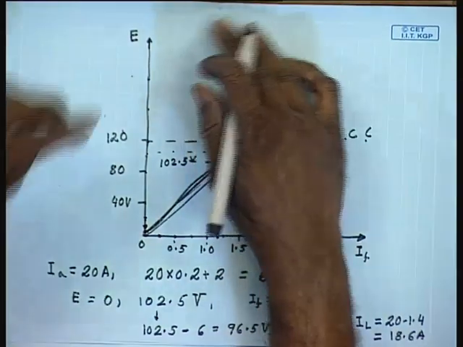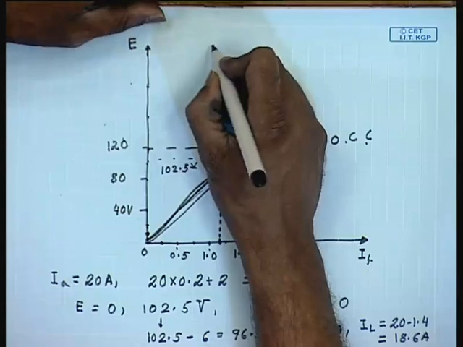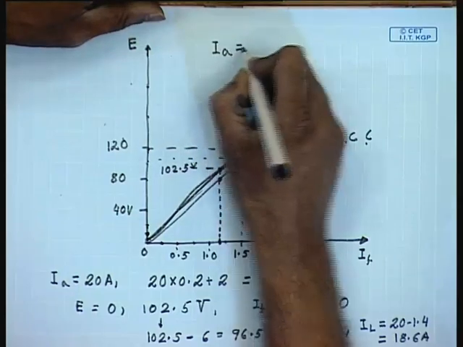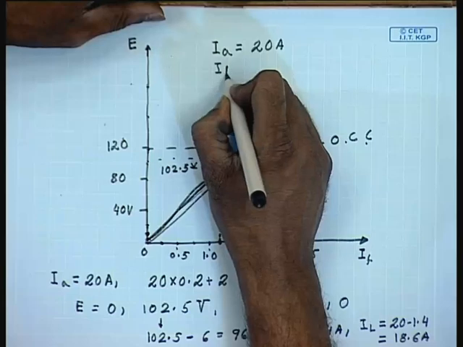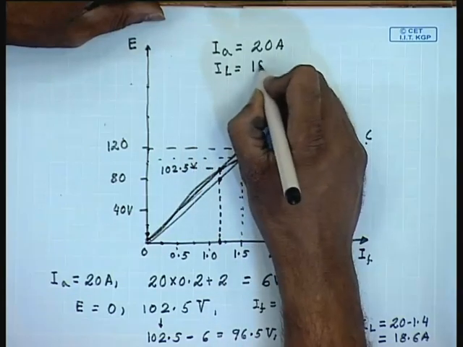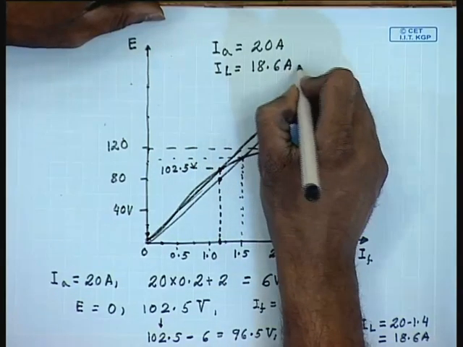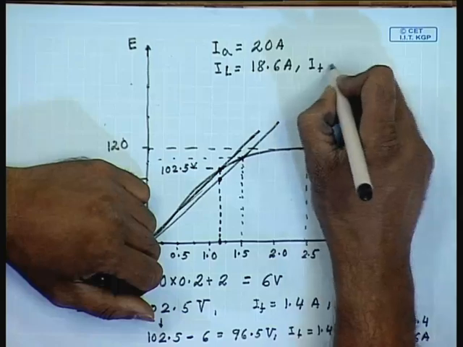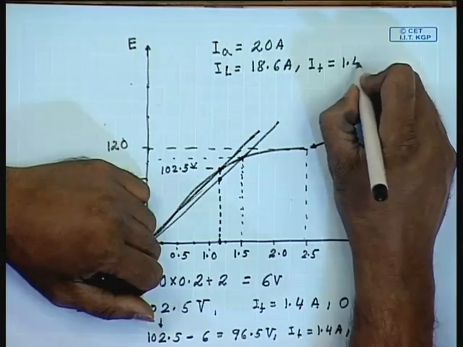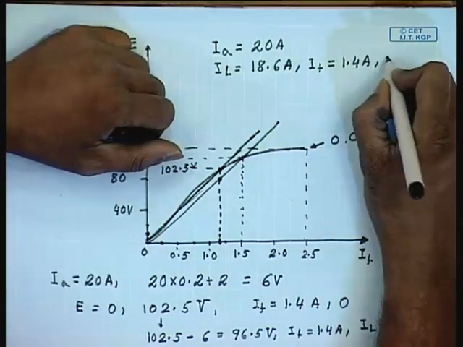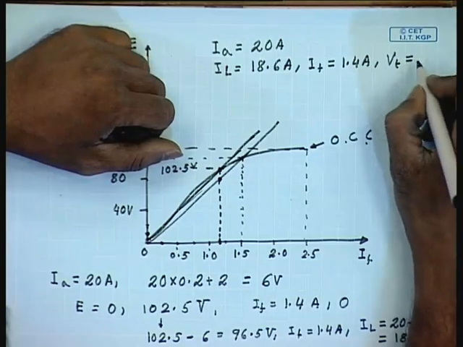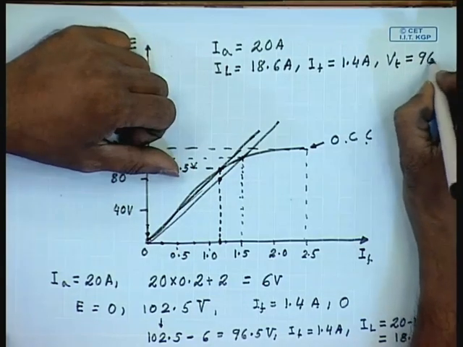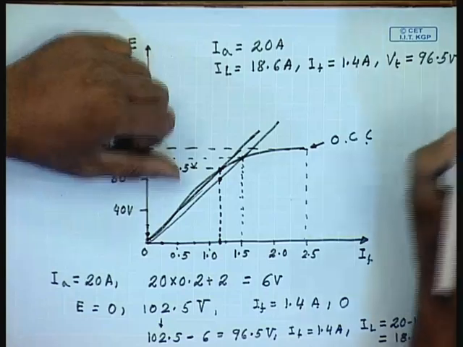So, one point corresponding to IA equal to 20 amperes is IL equal to 18.6 amperes, IF equal to 1.4 amperes and terminal voltage Vt equal to 96.5 volts.